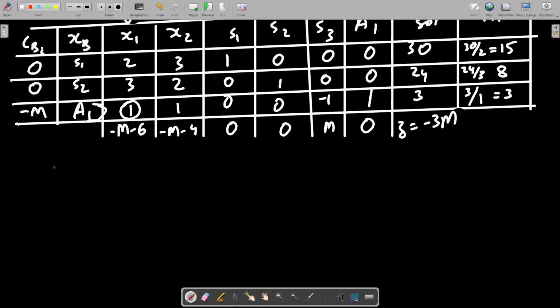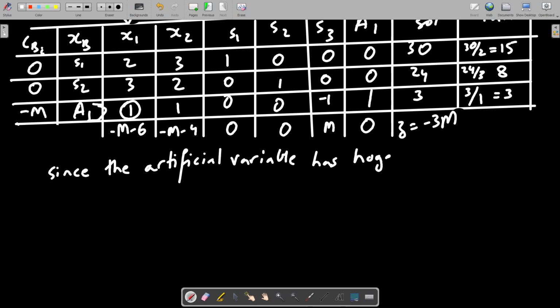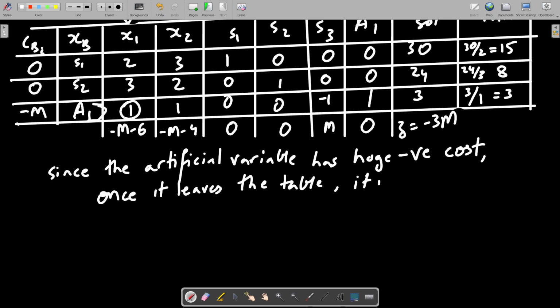Okay, so just write over here, since the artificial variable is outgoing, since the artificial variable has a huge negative cost, once it leaves the table, it will not enter again.